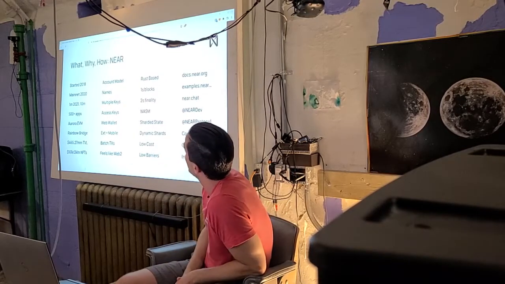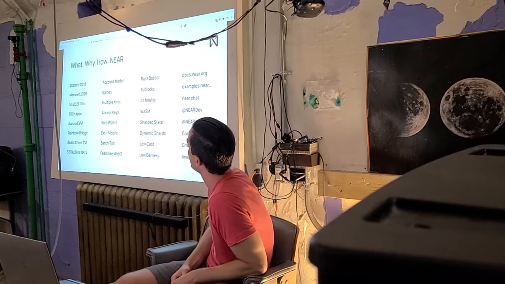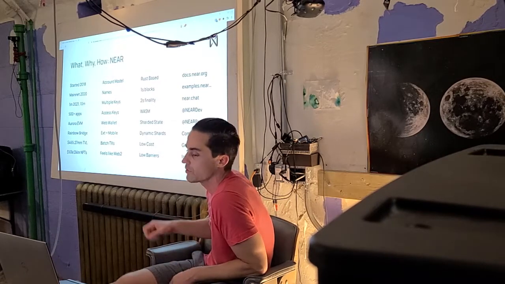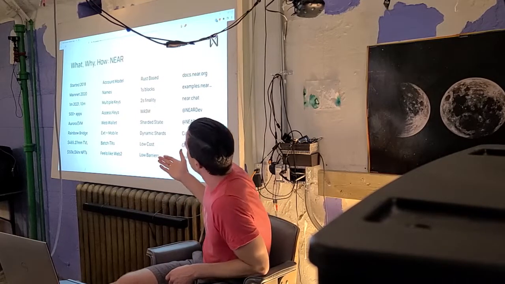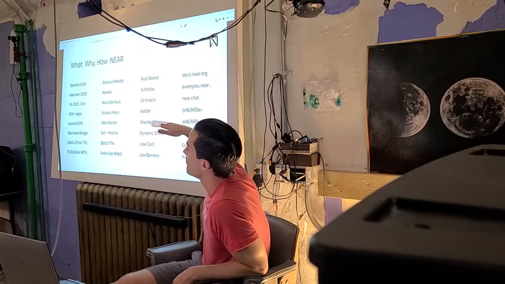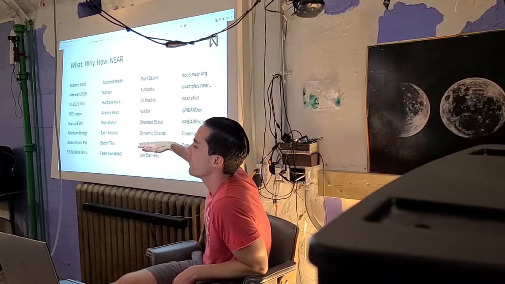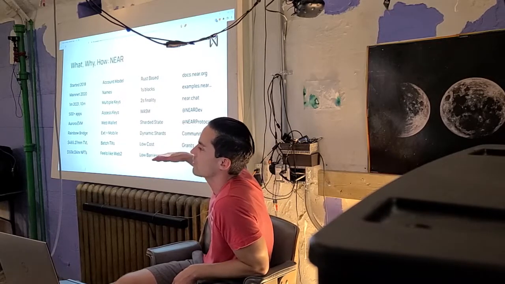I joined in February 2020, unofficially, and then officially I had a contract that started May 1st, 2020. I'll talk a little bit about myself. I was on the wallet team, so I built some of the staking stuff into the wallet, and then I worked on a multi-sig contract.